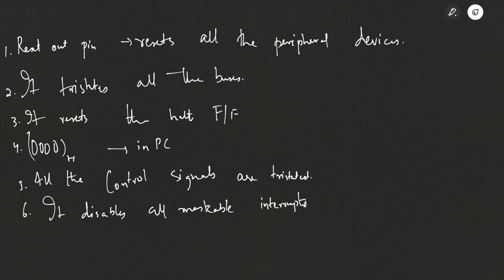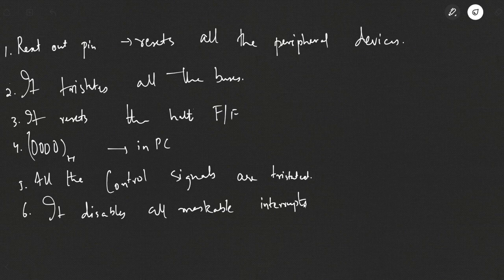We'll do in detail what happens during the T reset state at a very later stage, because we do not know right now. I cannot tell you what a maskable interrupt is. I cannot tell you straight away what a program counter does. Fine. So all these things we will be studying, but these are the things that happen during the T reset state.